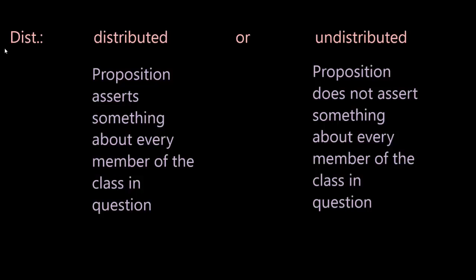Distribution, we said, is a property of terms in the categorical proposition, not the categorical proposition itself. And a term can be distributed or undistributed. A term is distributed when we've committed ourselves to something about every member of the class in question.